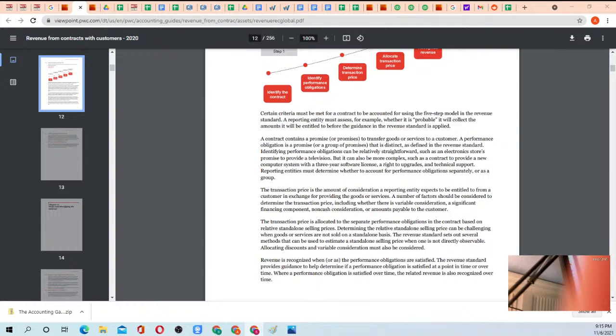I will try to fix my web camera so that you can see that I'm still here. Let me see if it works. Doesn't look like it works. It kind of stopped. Okay, we can continue without my camera.